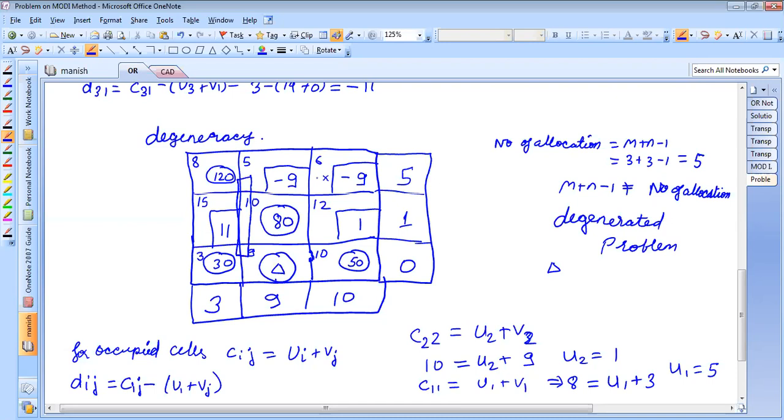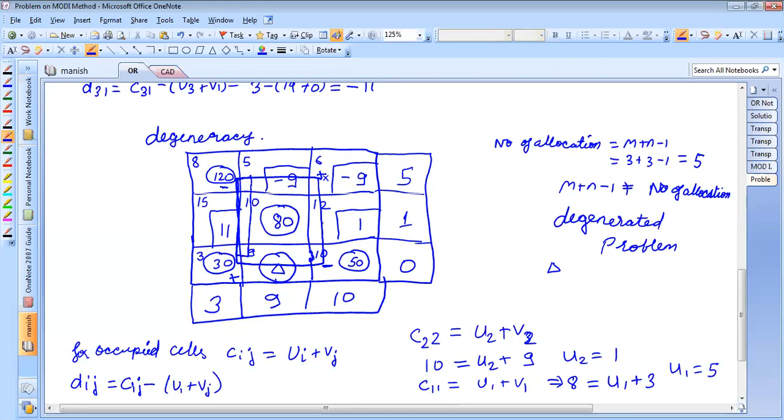If I try to avoid this, I will select this cell and I will make a path like this. So if I make a path like this, then this will be plus, this will be minus, this will be plus, this will be minus. So 50, 120. So what will be the allocation here? 50.